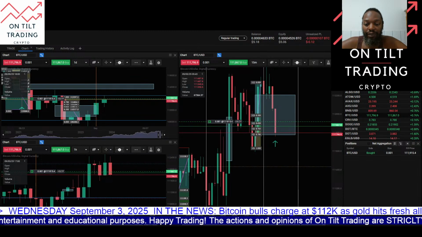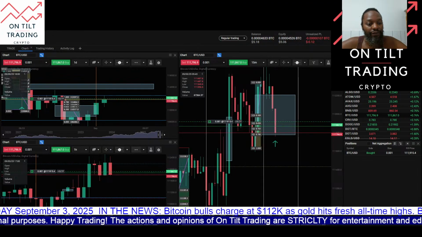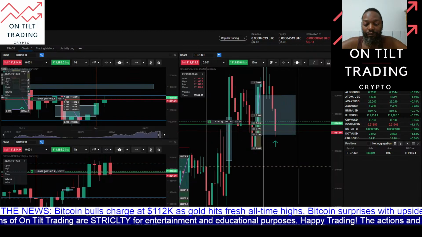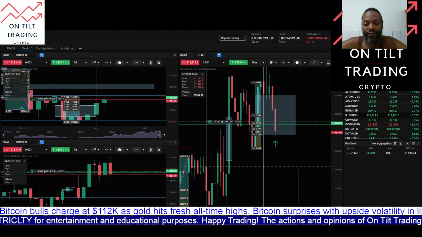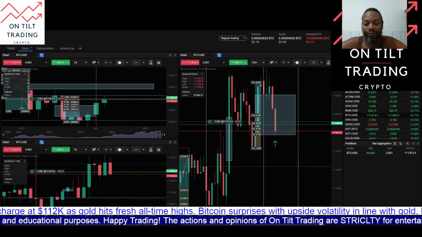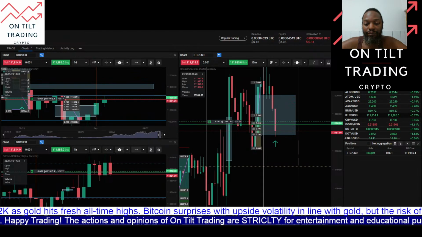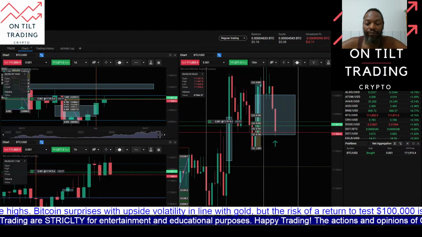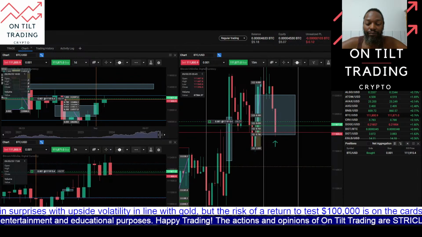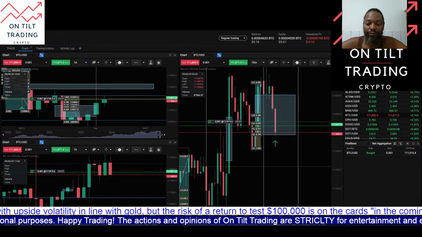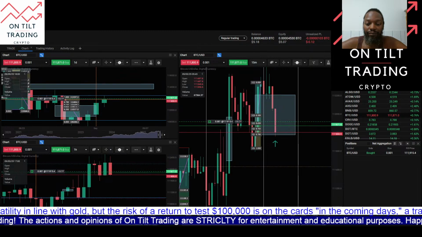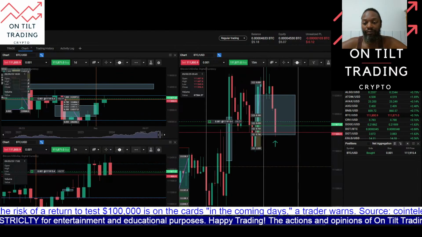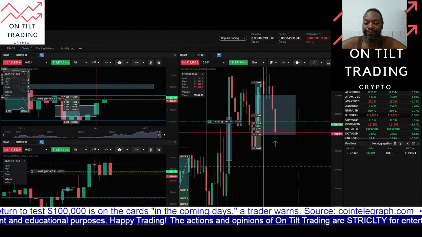Less than 1 minute remaining in the current 15-minute candle. Seeing some buy-side delivery here coming into the close. Price holding here.